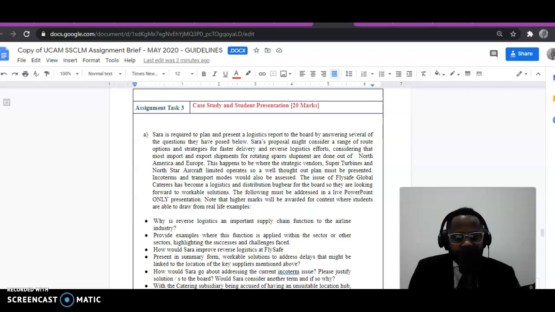Sarah's proposal might consider a range of route options and strategies for the fast delivery and reverse logistics efforts, considering that most important export shipments for rotating spares shipments are done out of North America and Europe.